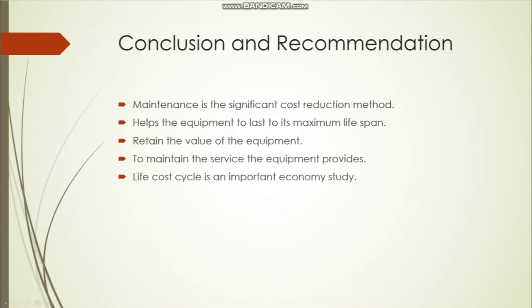Next is to maintain the service the equipment provides. It is to make the output and input of the equipment at the desired level.